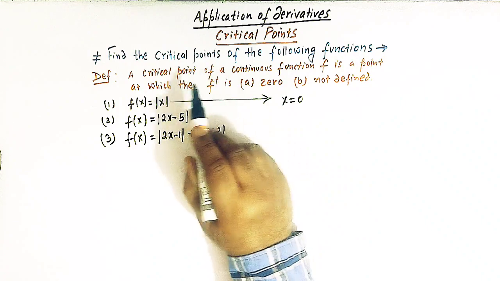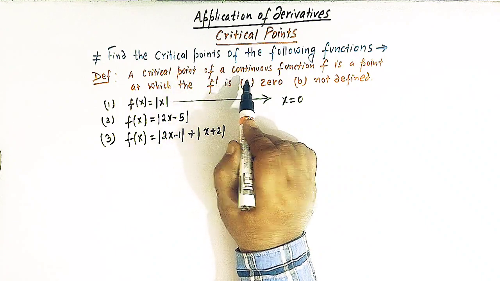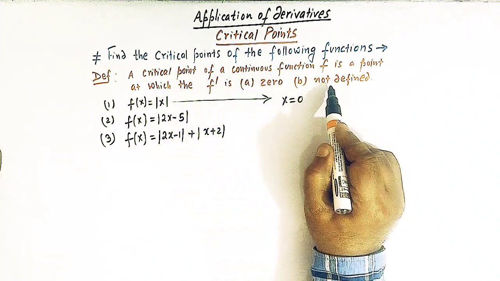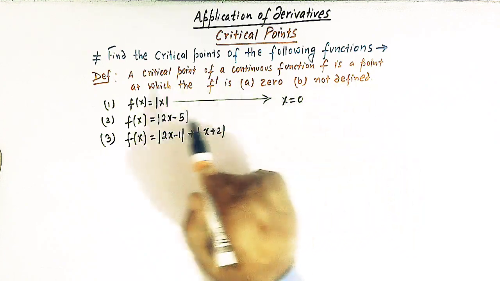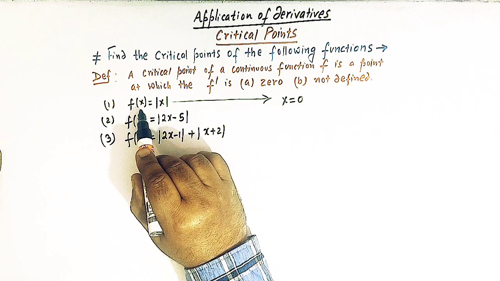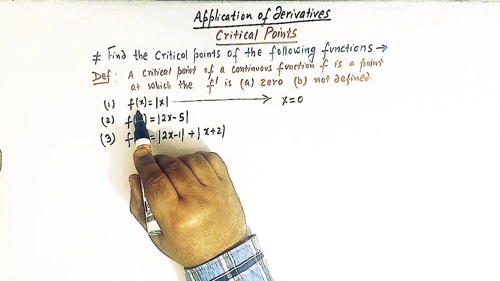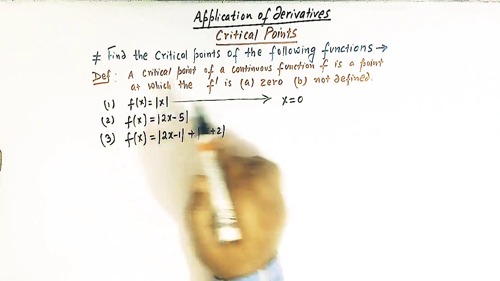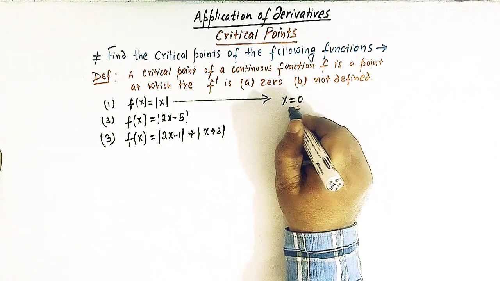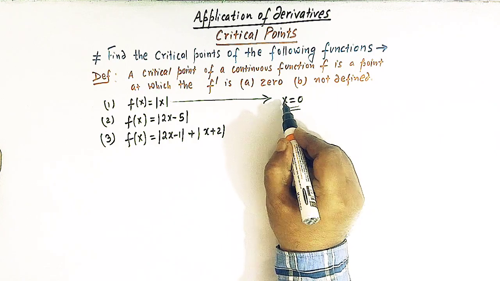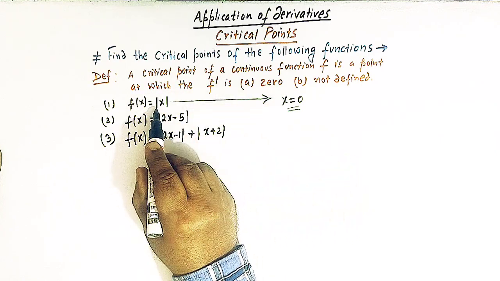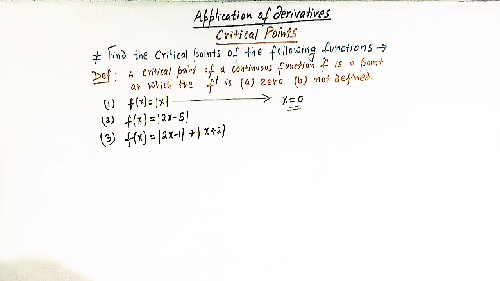So by the definition of critical point of a function, if the derivative is not defined at some point, then that point is the critical point for that function. So for this function f of x is equal to mod x, x is equal to 0 is our critical point, because at x is equal to 0, this function mod of x is not differentiable.